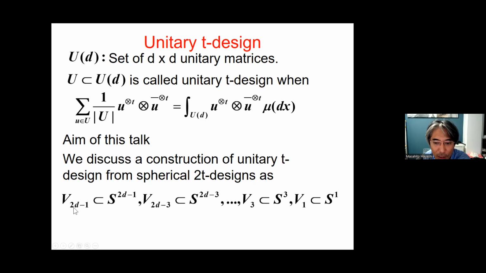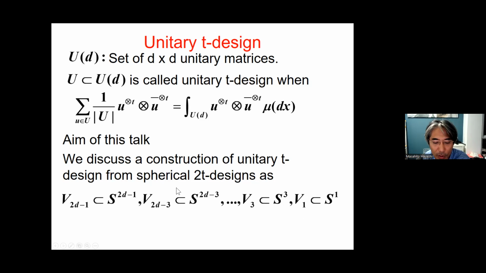So firstly, we choose a subset of the 2d minus 1 dimensional sphere. This is a 2T design, and next one is a 2d minus 3 dimensional sphere, and we take that subset in this way.